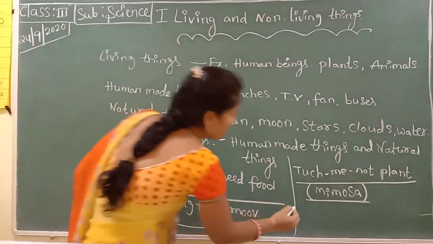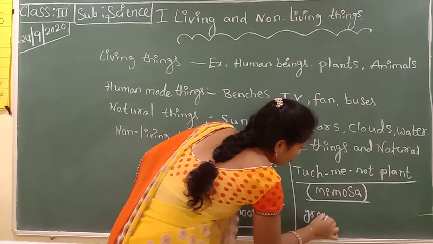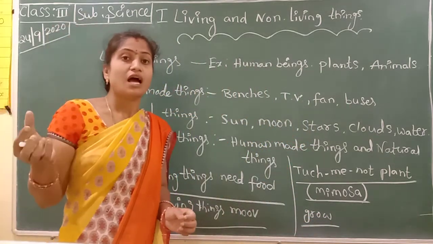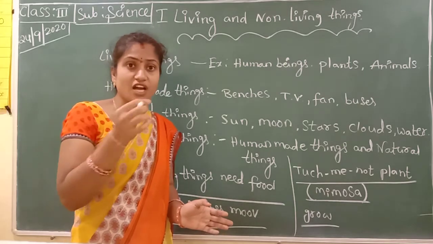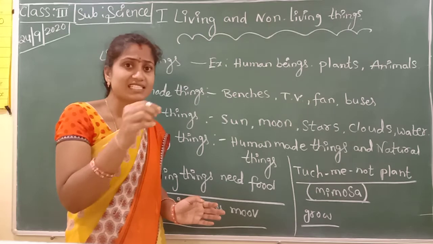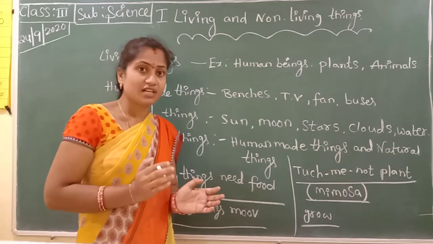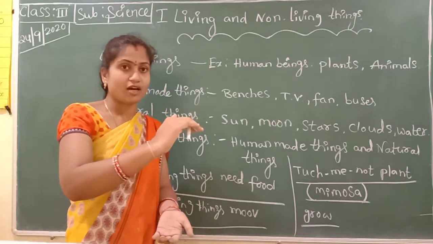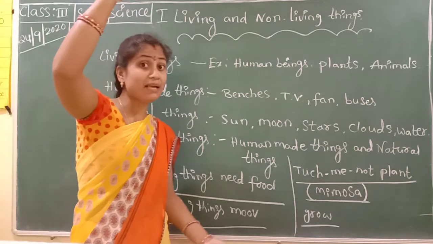Growing means what? A baby plant will grow into a big tree. When we put small seeds in a pot, after 2 or 3 months we will get one small plant. After some years we will get a big plant.